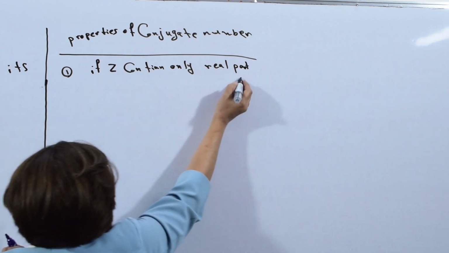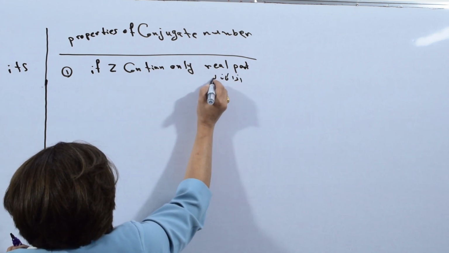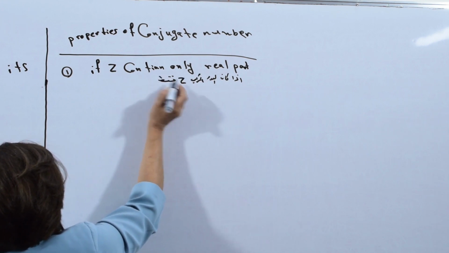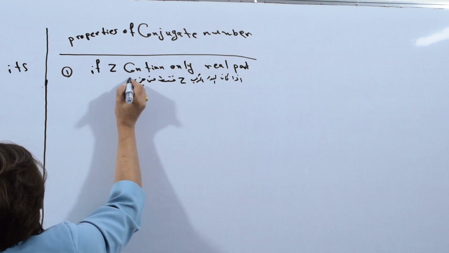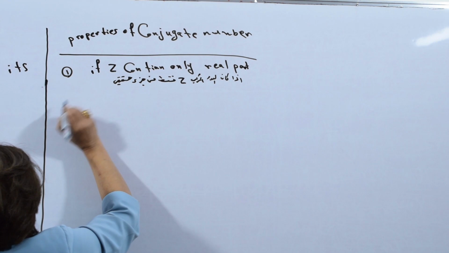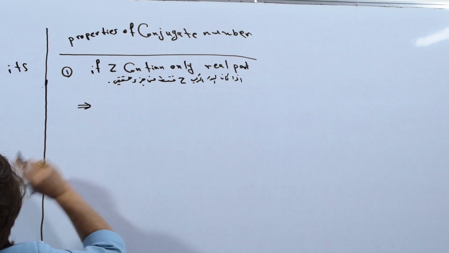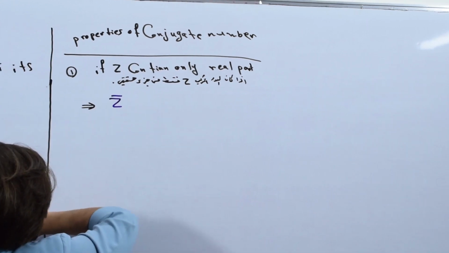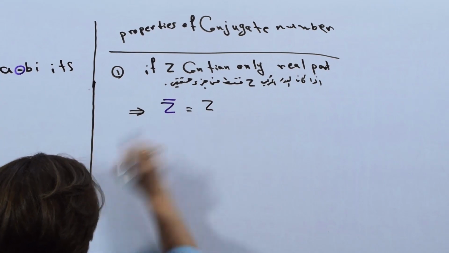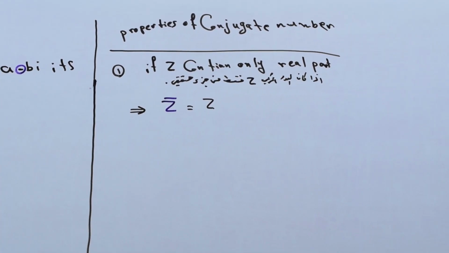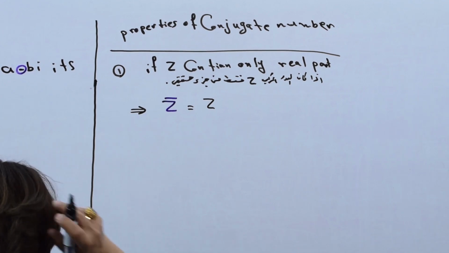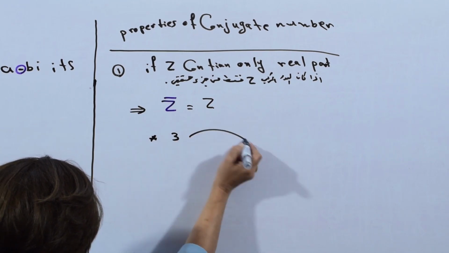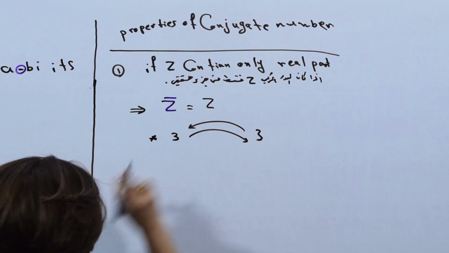يعني إذا كان العدد المركب Z فقط من جزء حقيقي then conjugate this number equals the same number. يعني مرافق العدد يكون العدد نفسه إذا كان فقط من جزء حقيقي. يعني إذا أخذنا 3 the conjugate opposite it's 3.